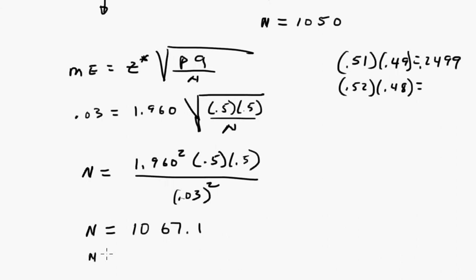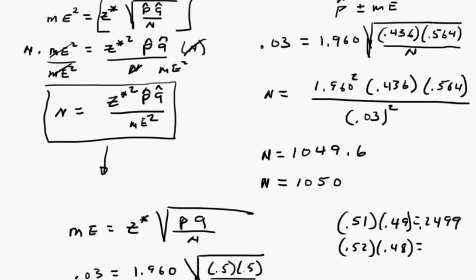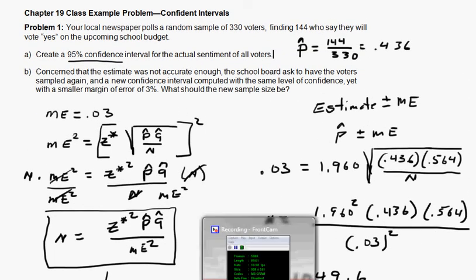So with this calculation, we should take 1068 samples. Okay, so it's a little bit bigger, but not much bigger. Okay, so that's what you do in the event that you don't have any information. Okay, so hope this was helpful. Good luck.